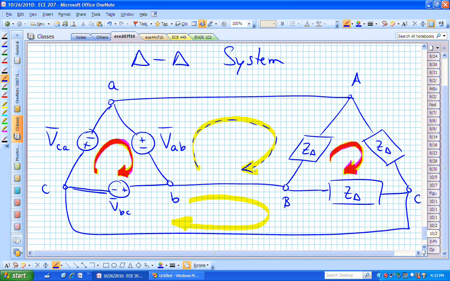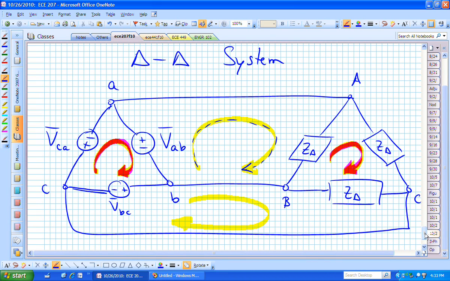Little a and big A, that's a pure line, or a wire, isn't it? Little b, capital B is a pure wire. We know exactly what the voltage drop across that Z sub delta in the AB line is. It's just V sub AB.